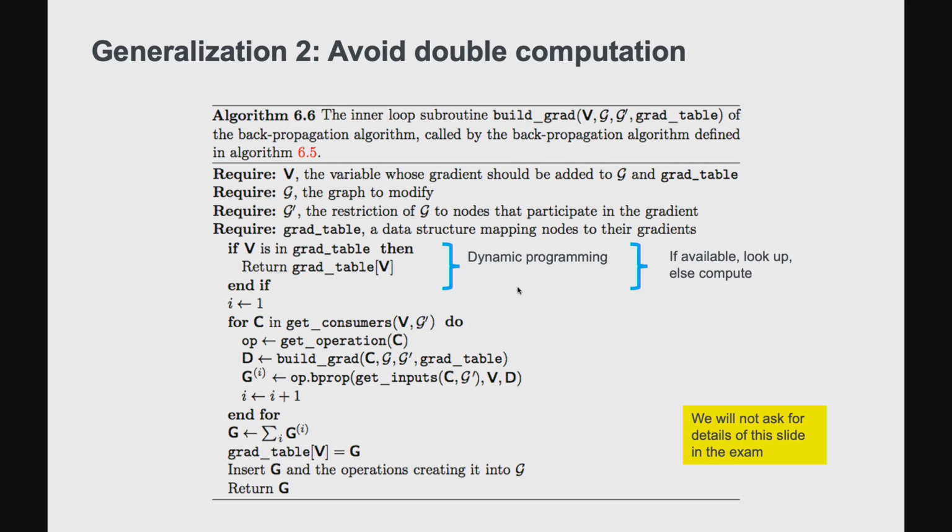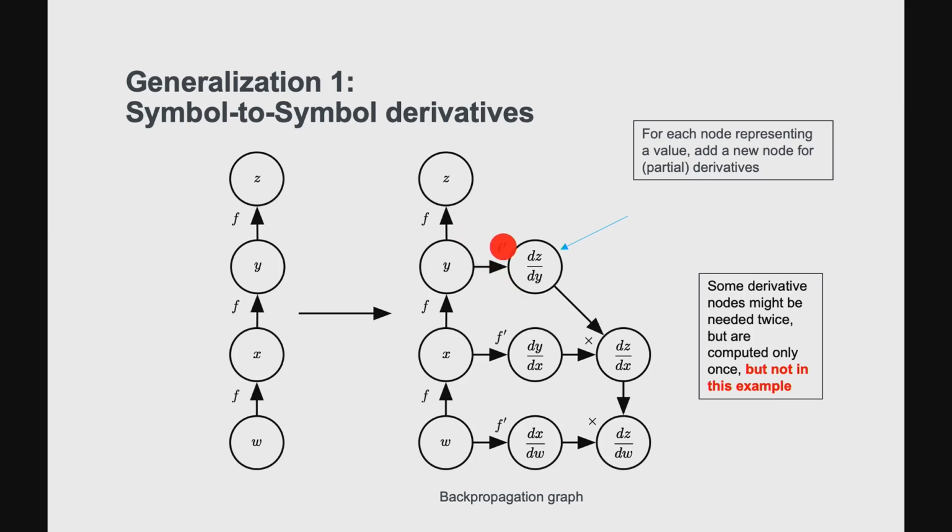So the brief rehash would be, in dynamic programming, you break down your problem into subproblems, and for every subproblem, you store your result. So here we have subproblems, and you compute values for these subproblems, and you store the values for these subproblems. And when you encounter the same subproblem again, you don't have to compute it again.